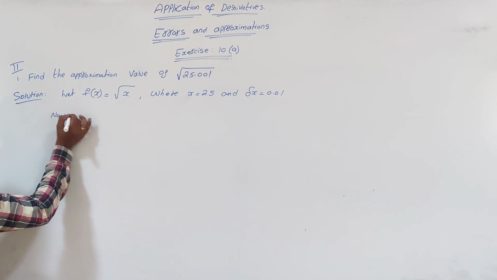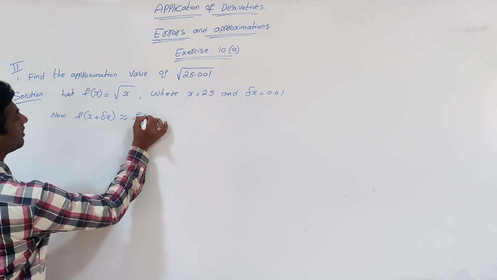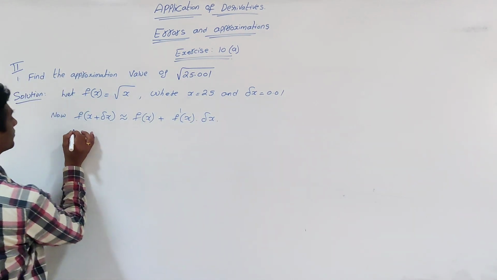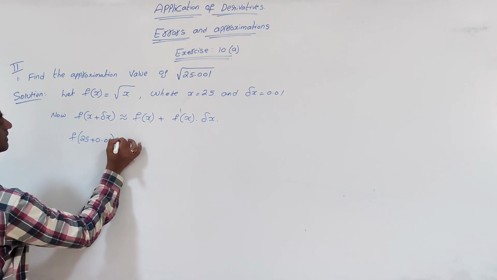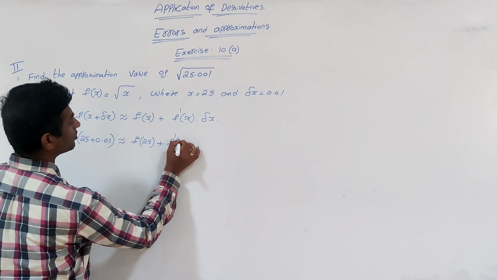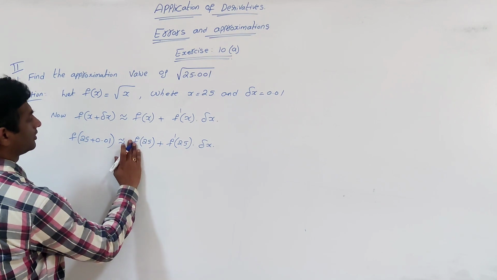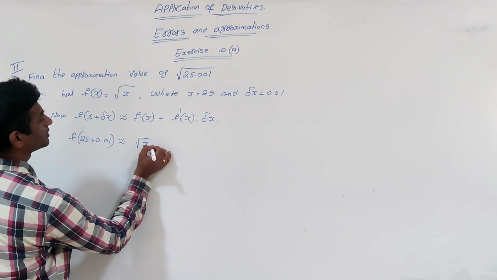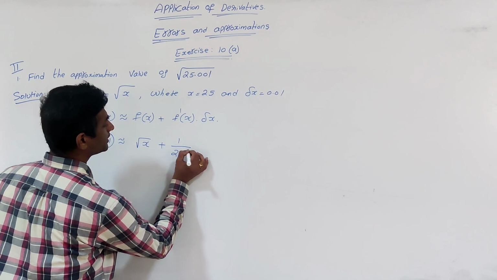Now f of x plus delta x is approximately equal to f of x plus f dash of x into delta x. f of 25 plus 0.001 is approximately equal to f of 25 plus f dash of 25 into delta x. We'll go for the derivative. f of x is root x plus the derivative of this function. What is the derivative of root x? It is 1 by 2 root x into delta x.